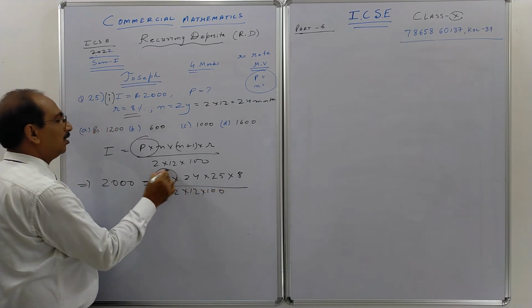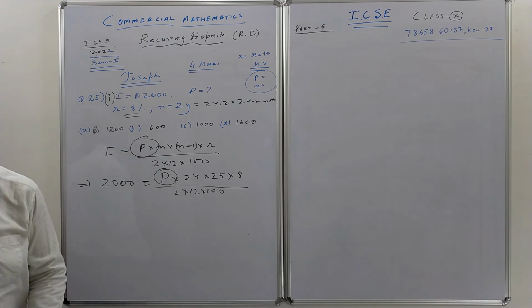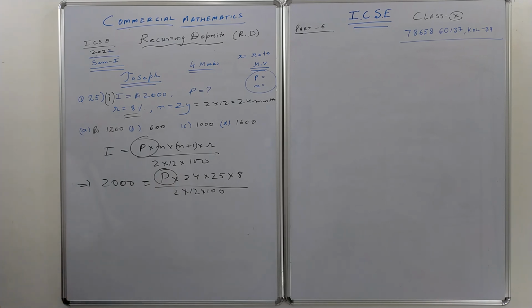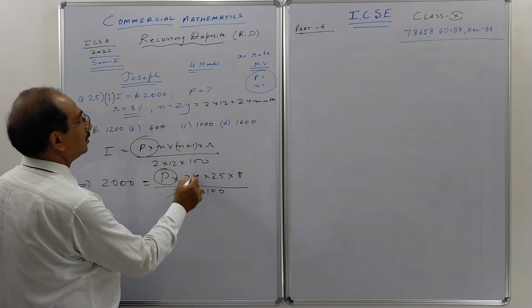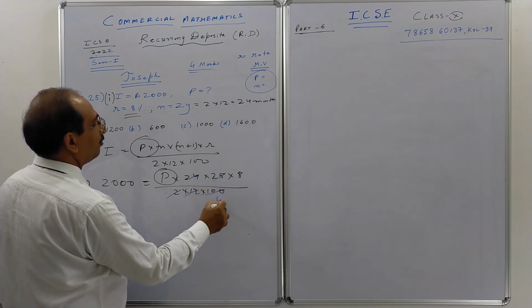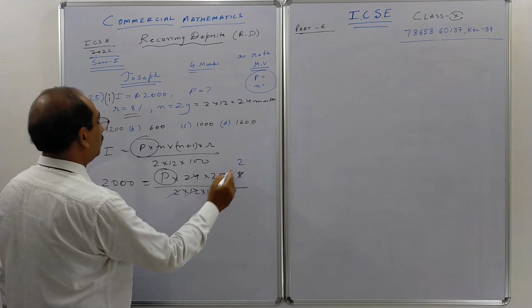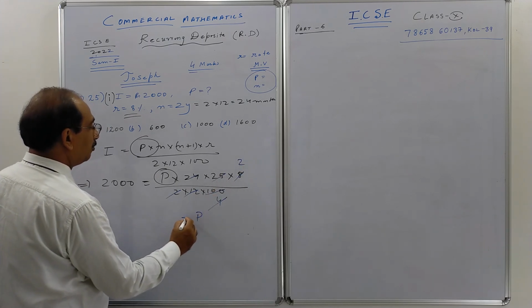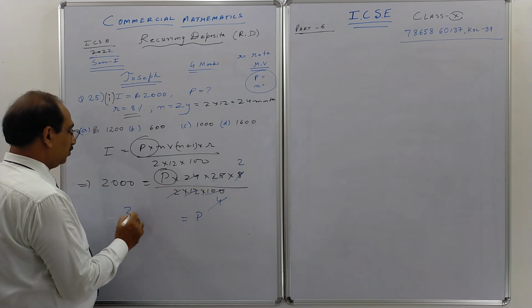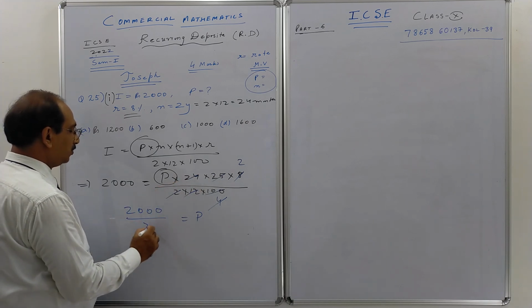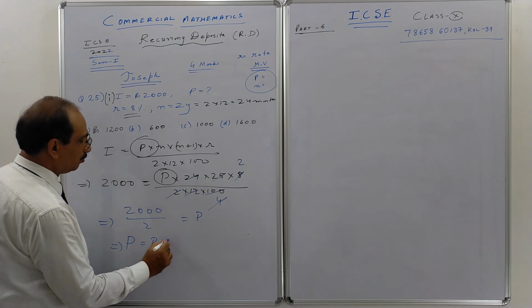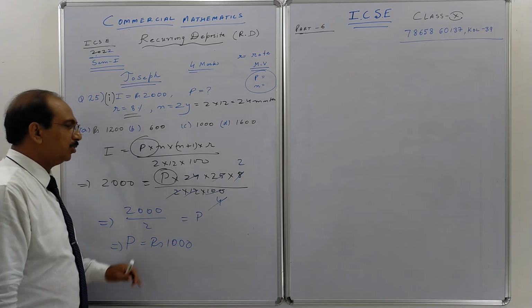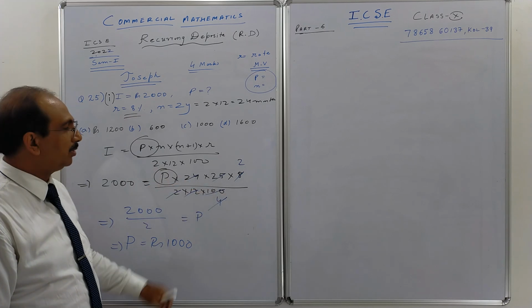So let us solve for P. If you see, children, this cancels. 25 4s are 4 2s are... So we get P is 2000 by 2. So children, P, the monthly installment, is rupees 1000. Once more, put it in the format of I, only P is unknown.